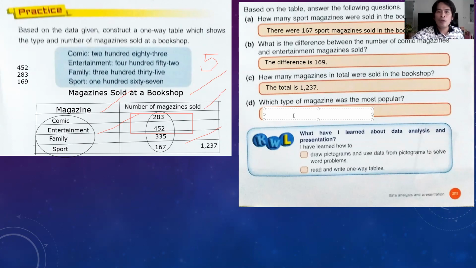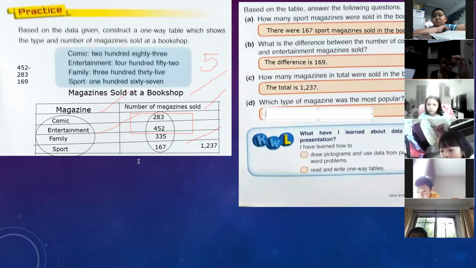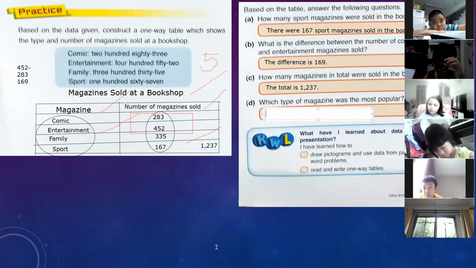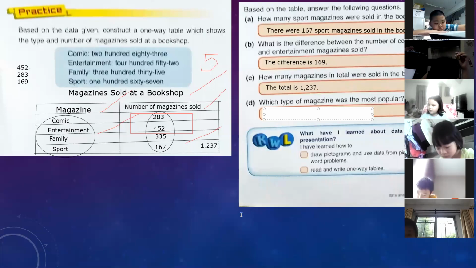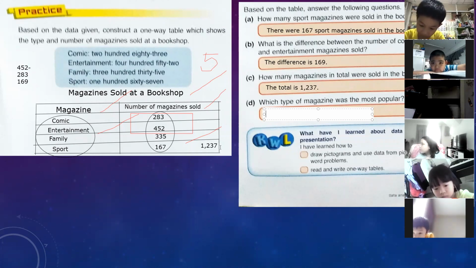Okay, letter D. Which type of magazine was the most popular? I would like to ask Sisi. Sisi, which type of magazine was the most famous or most popular? Entertainment. Okay, entertainment.